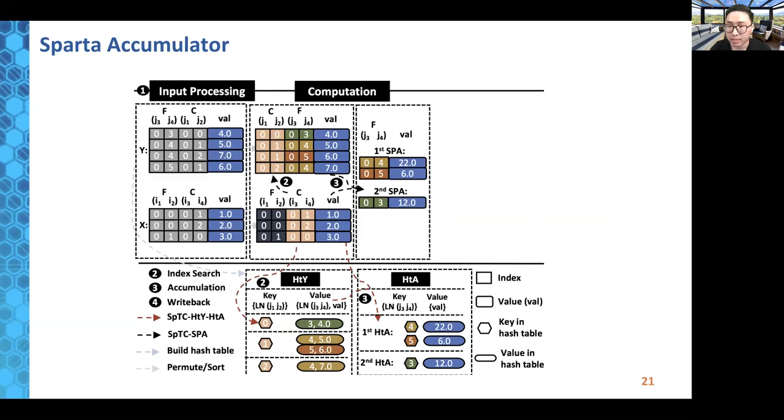In the accumulation stage, instead of using the dynamic arrays as the previous approach does, we also employed the hash table-based representation for this sparse accumulator. We then use the free modes stored in the Y hash table to be the key to search the corresponding intermediate results in the hash table accumulator.